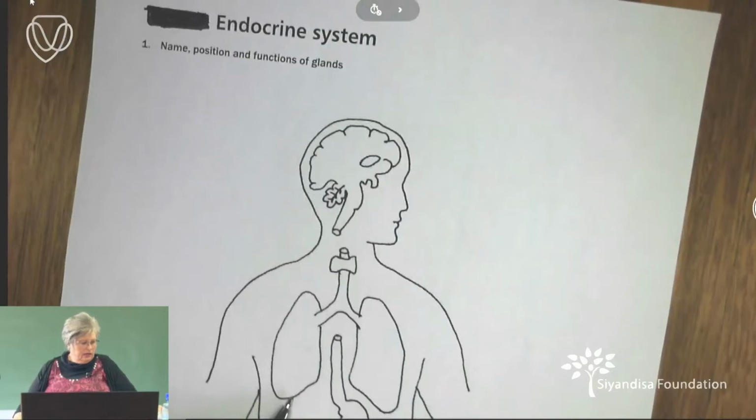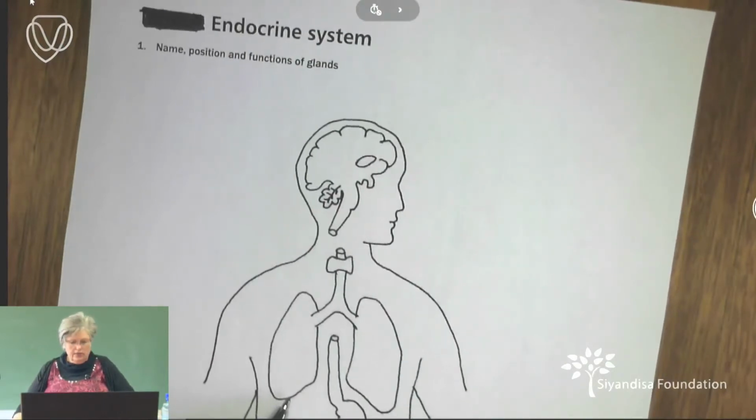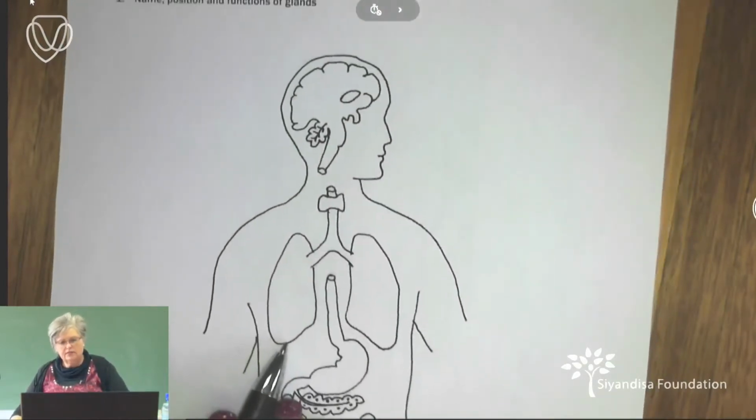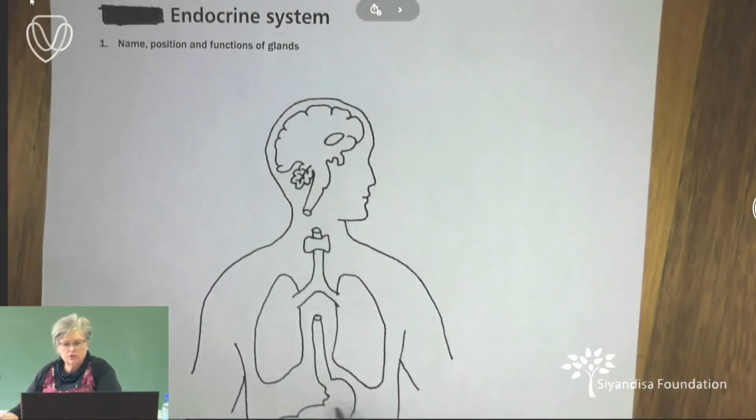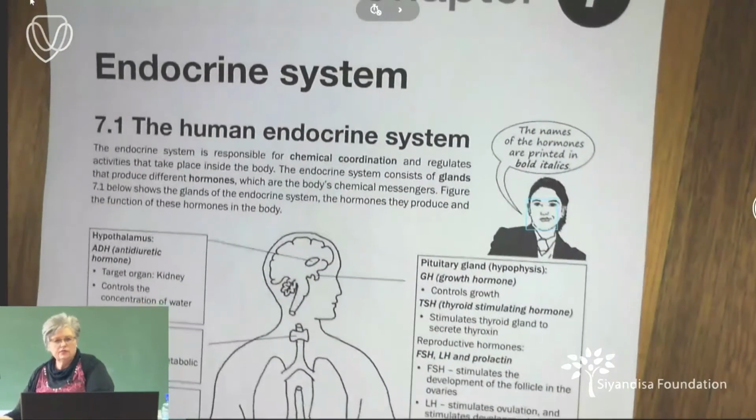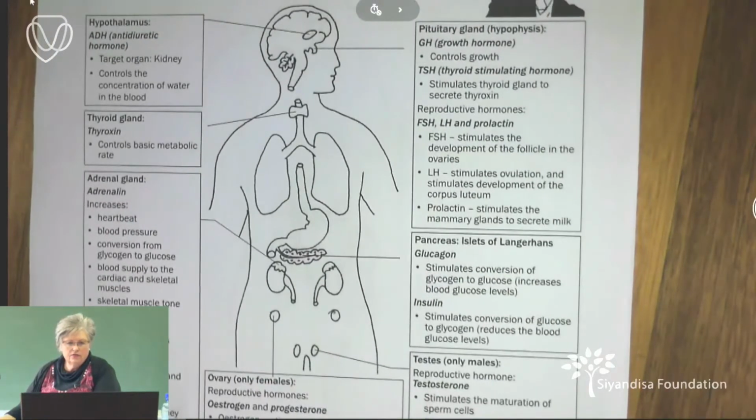The best way to study the hormones and the endocrine system is again to make use of a diagram which you convert into a mind map, which will look as follows.